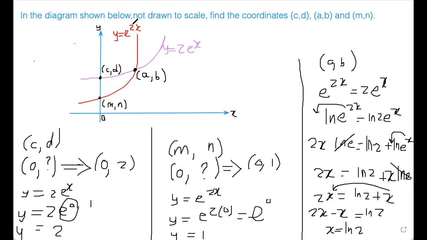To find y, I can either use the curve y equals e to the 2x, or I can use y equals 2e to the x. I'm going to just use y equals 2e to the x. Now, since we have x is equal to ln 2, we're going to replace this x with ln 2.